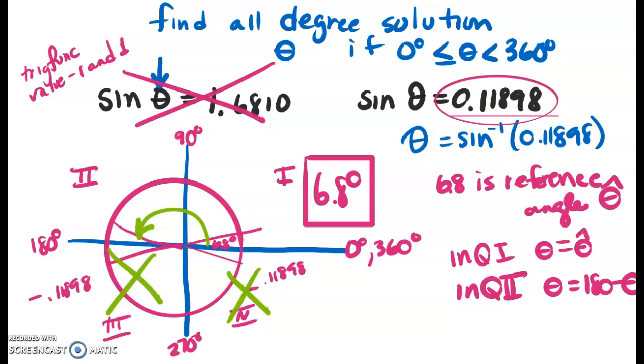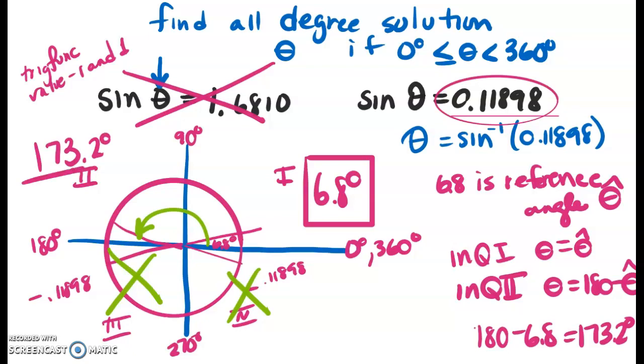Theta in quadrant 2 is equal to 180 minus theta hat. So in quadrant 2, we'll take 180 and we'll subtract 6.8 degrees, and then we'll end up with 173.2 degrees. So in quadrant 2, it's 173.2 degrees. So here are my two answers. So in part B of the question, it asks for the angles between 0 and 360, and those are the two answers it's looking for.